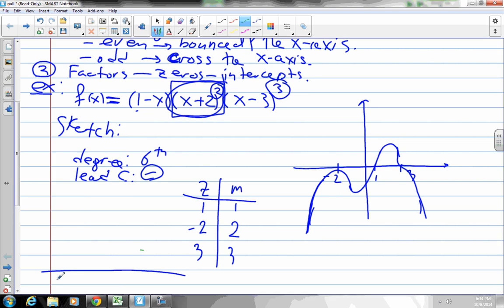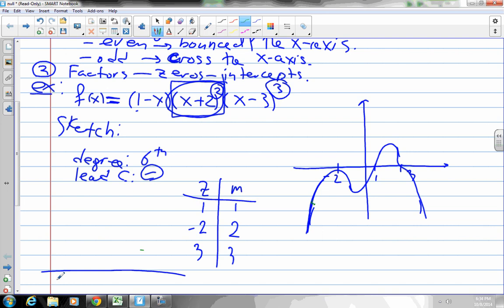If I look at this function around negative 2, what are the signs of this function? Is the function positive or negative here? What is the value of the function here?